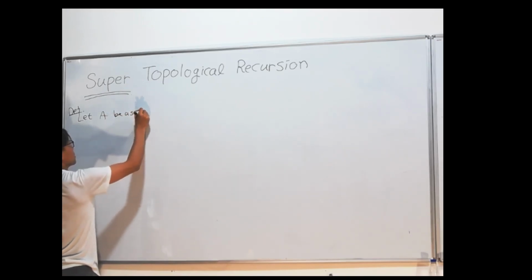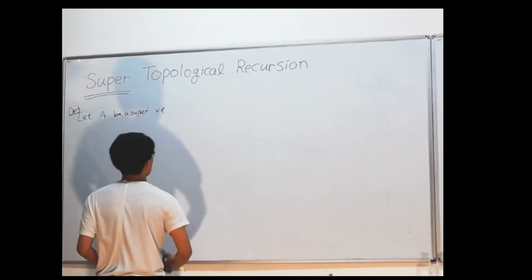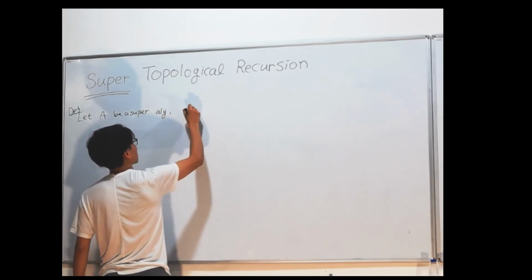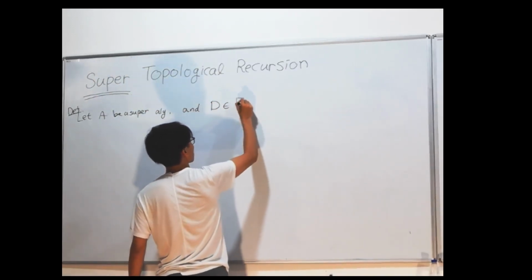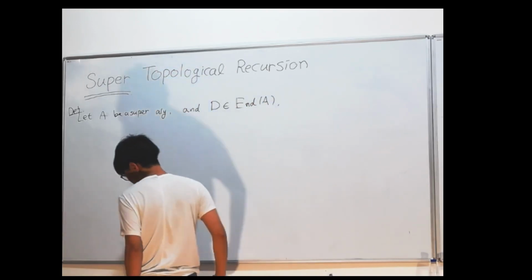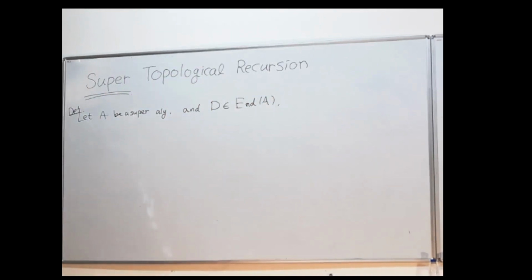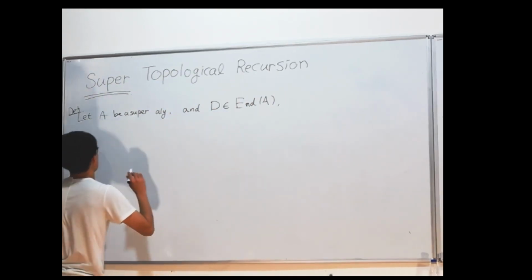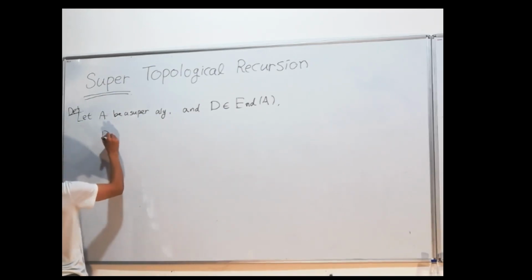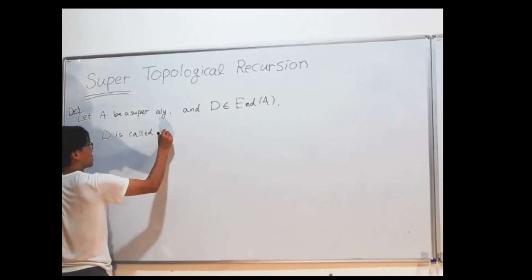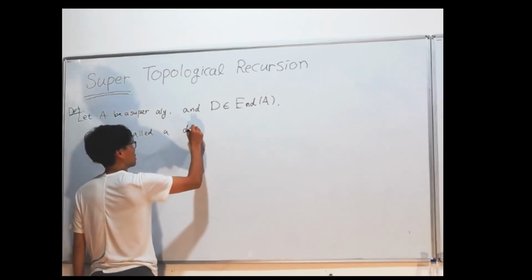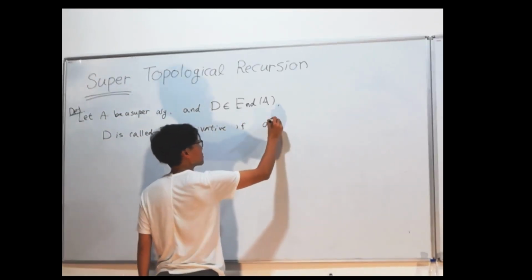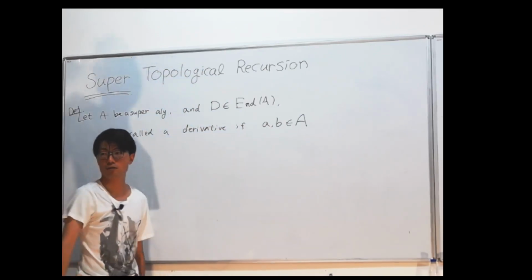A super vector space, super algebra maybe, strictly speaking, and consider D in End(A). Then D is called a derivation if, basically I'm defining the Leibniz rule on the endomorphisms of A. Strictly speaking, a super derivation, if for homogeneous elements, for most of the cases when I write this, it means they're both homogeneous.